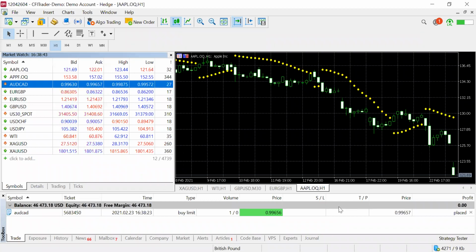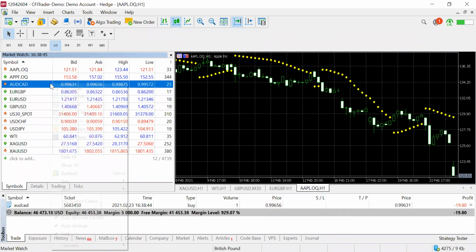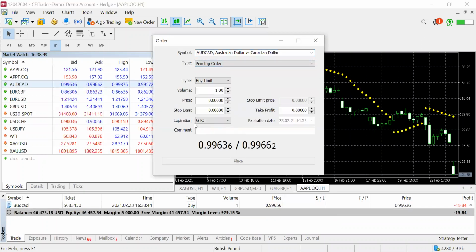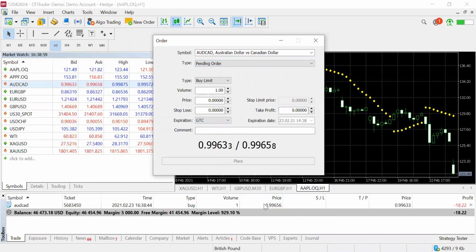Also, as you probably saw before, you have this option, which is expiration, GTC. That means good until cancel.